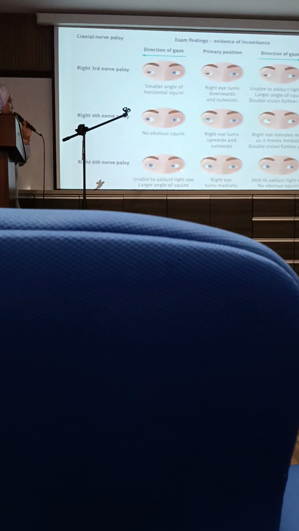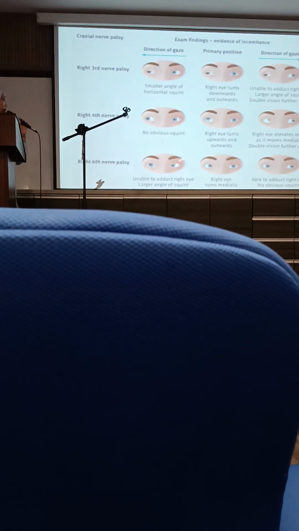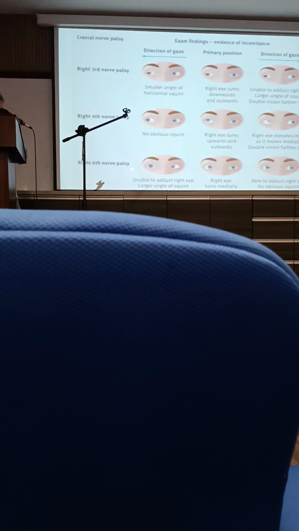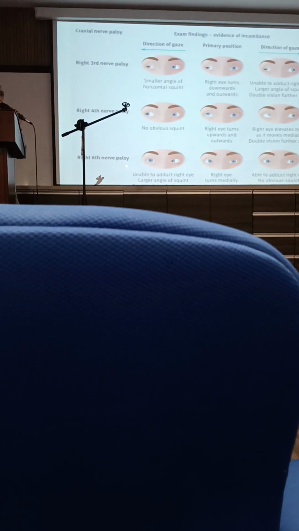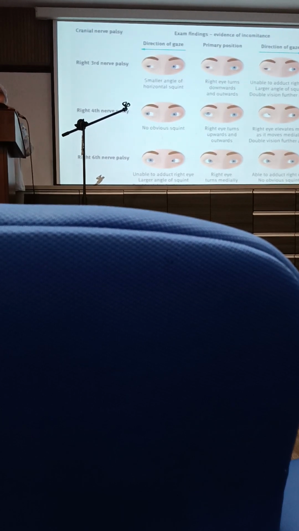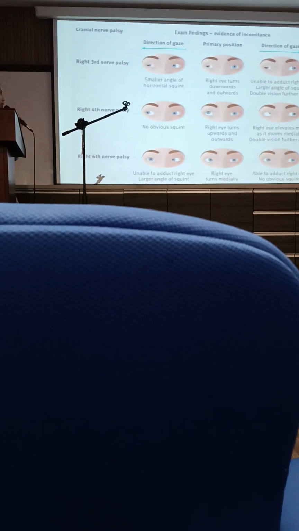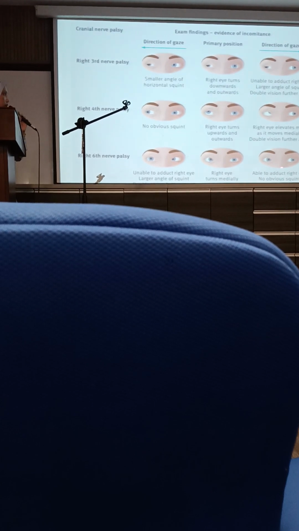So if you ask the patient to turn right, they cannot abduct the right eye because this cannot function. The lateral rectus does the abduction movement, so if it is damaged, they cannot move the eye to the right side. But when the patient turns to the left side, you cannot really differentiate.